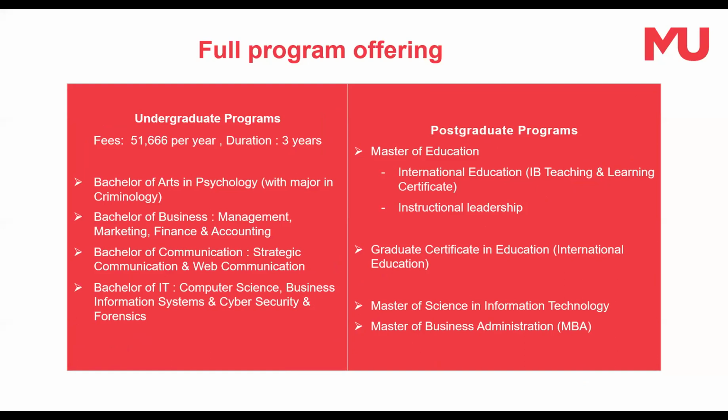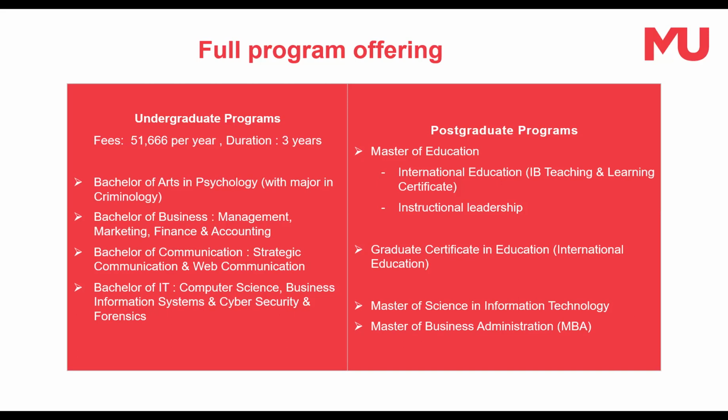What do we offer? We are primarily a boutique university. We offer very limited and selected programs. We offer only 4 types of undergraduate programs, which are psychology, business, communication, and IT. But we offer something called double majors, which is very attractive and very popular with students in general.